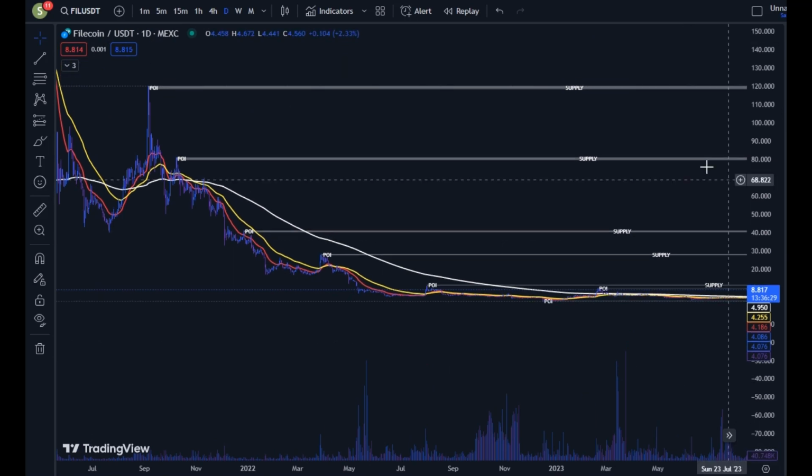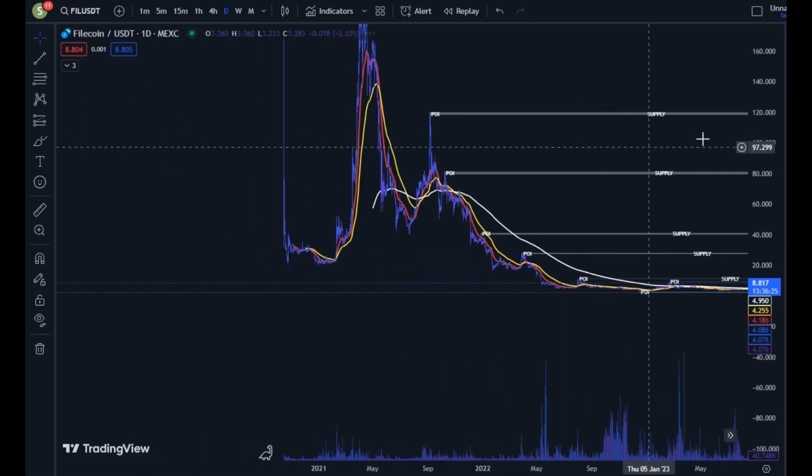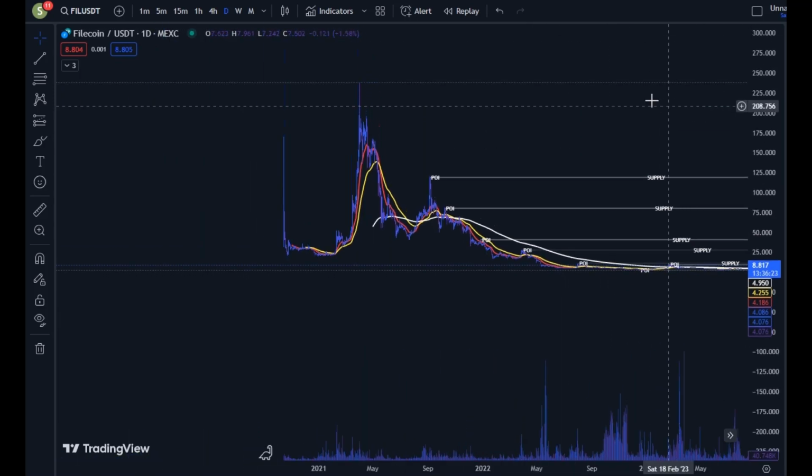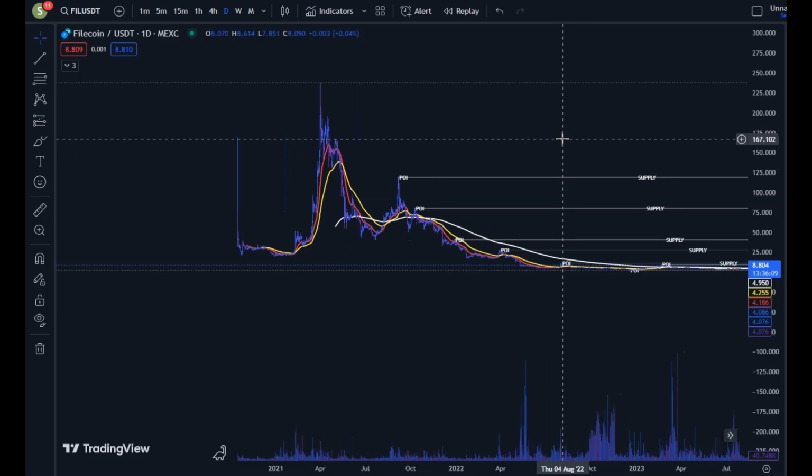You've then got $40, $80, and $118. And then all-time highs up at $238. And you also got another area of resistance here at 135 and 167.